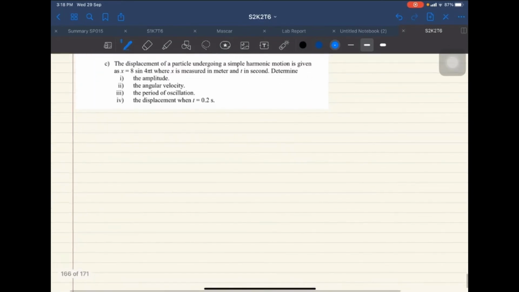The displacement of a particle undergoing a simple harmonic motion is given by x. Okay, they give you an equation. So maybe I can write down the equation straight away.